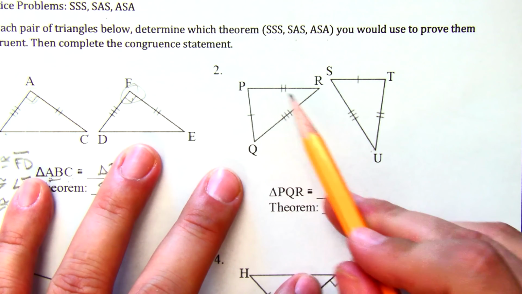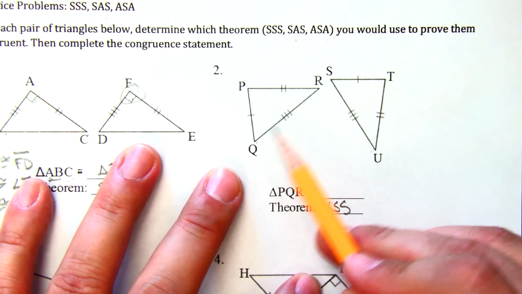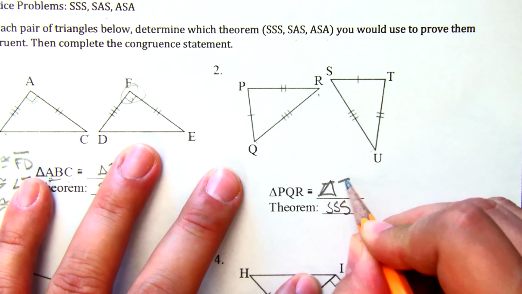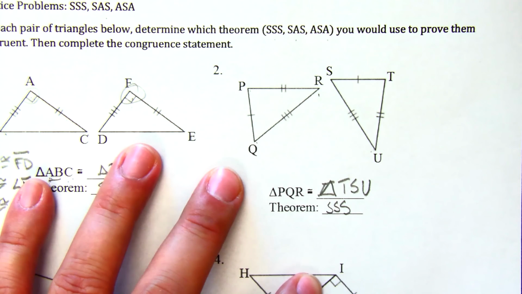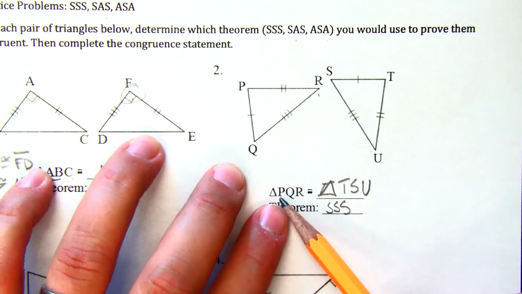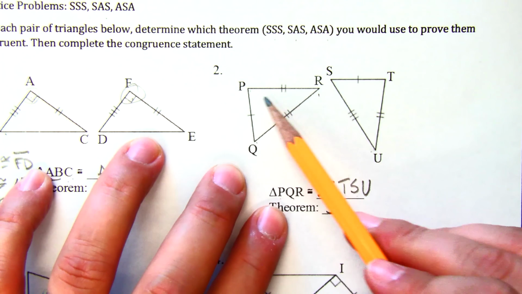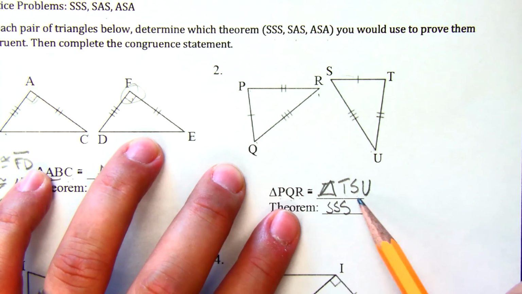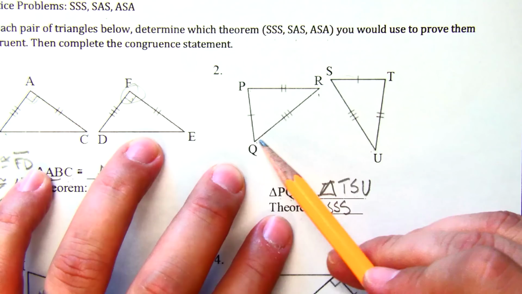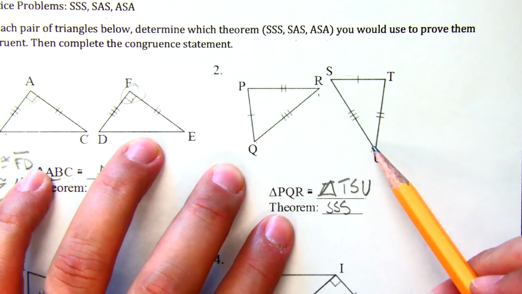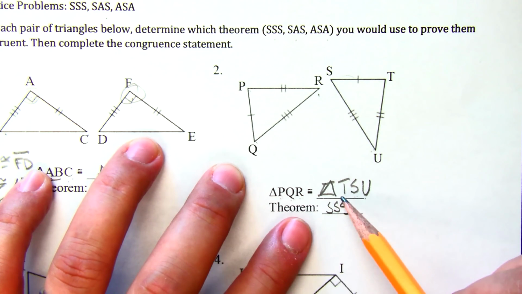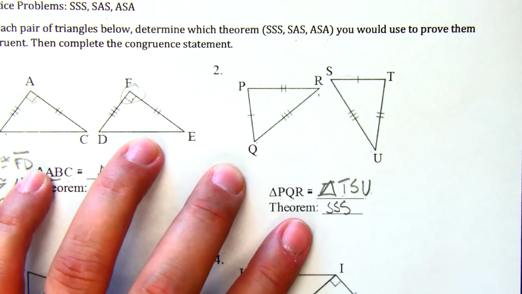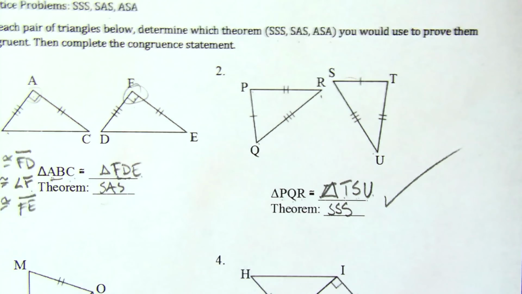Again, PQR, I think it's going to go with TSU, but I can check. That means that PQ should be congruent to TS. Is it? PQ, TS? Right, that works. QR should be congruent to SU. QR, SU, yeah, those are congruent. PR should be congruent to TU. PR, TU, yeah, those are also congruent. Good to go. Check. Move on.